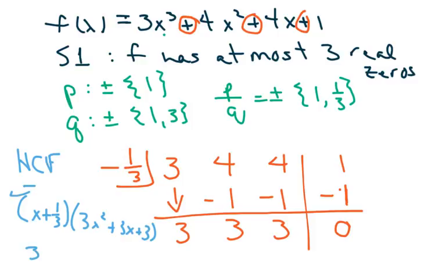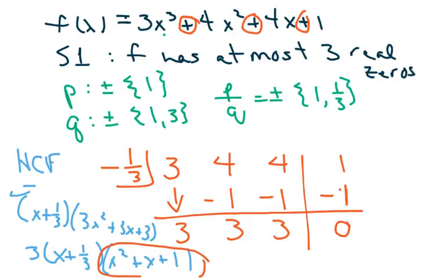So I'm going to have 3 times x plus 1/3 times x squared plus x plus 1. Now if you notice here, this is not factorable. That means we'd have to use the quadratic formula and you would get i's. So they're only wanting real zeros, so we only have one real zero. It says at most 3, we only have 1. And our real zero is negative 1/3.